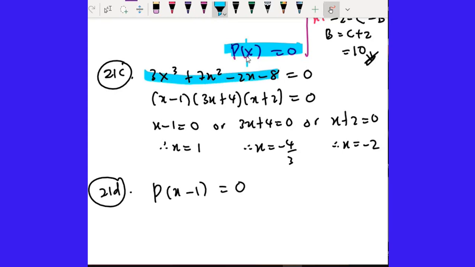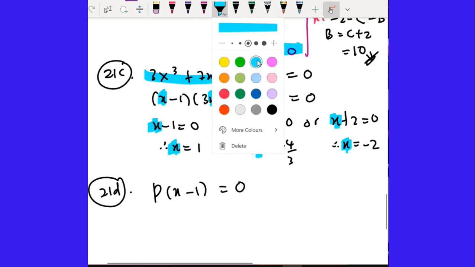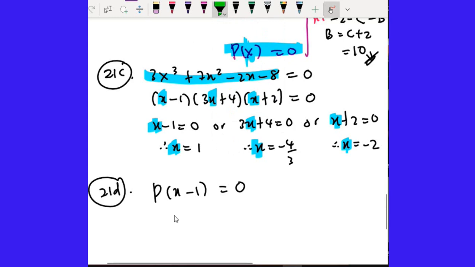So variable x. All variable x. Now the variable x change to x minus 1. X change to x minus 1. So all x is 1 change to x minus 1.